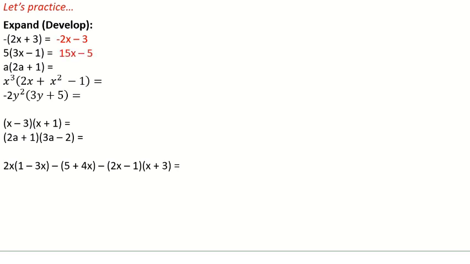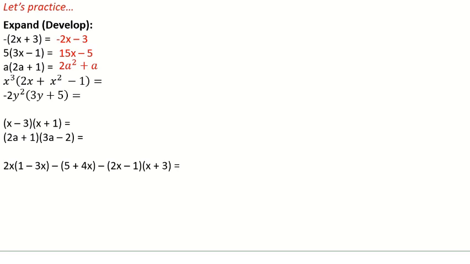Now a times 2a: we need to multiply the variables here. For a times a, when we have the same variable, we keep it and add the exponents. So in both exponents we have 1, so 2a squared, plus a times 1, which is a.